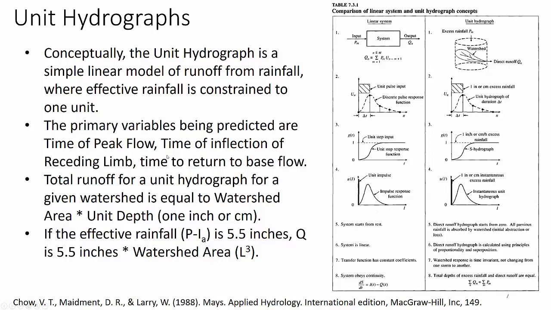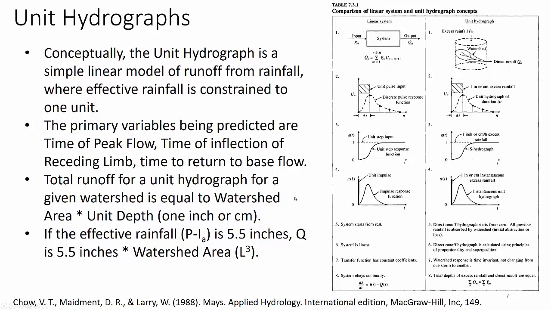The primary variables being predicted are time of peak flow, T sub P, that's this delta T, time of inflection of the receding limb, that's about here, midpoint, and time to return to base flow, that's this point. Total runoff for a unit hydrograph for a given watershed is equal to watershed area times unit depth.